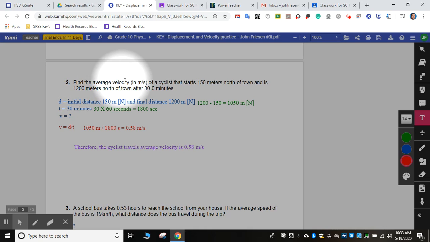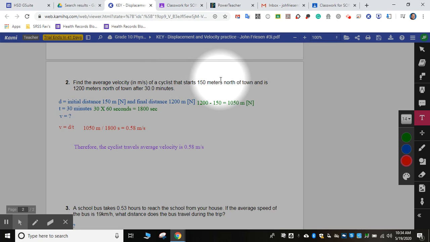Find the average velocity in meters per second of a cyclist that starts at 150 meters north of town and is 1,200 meters north of town after 30 minutes. So let's write down what we know. Okay, that's our first step. Our distance right here is 150 meters north of town, right?